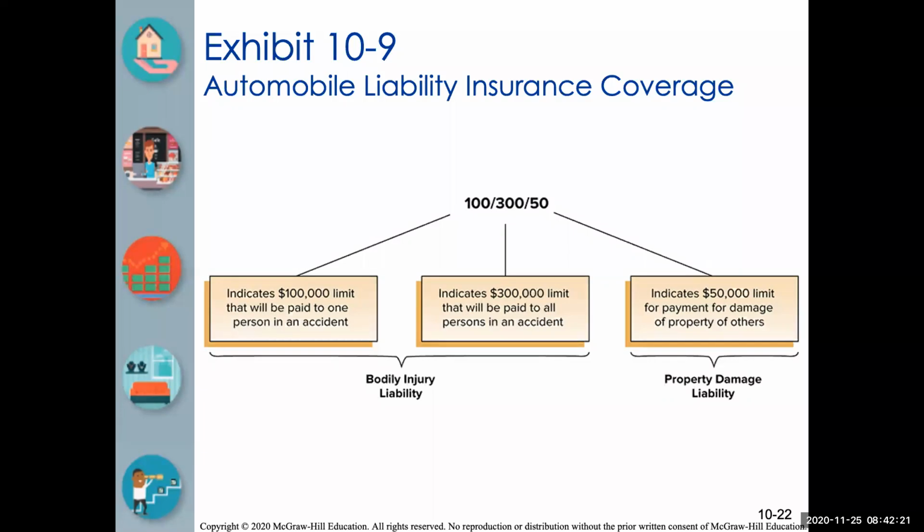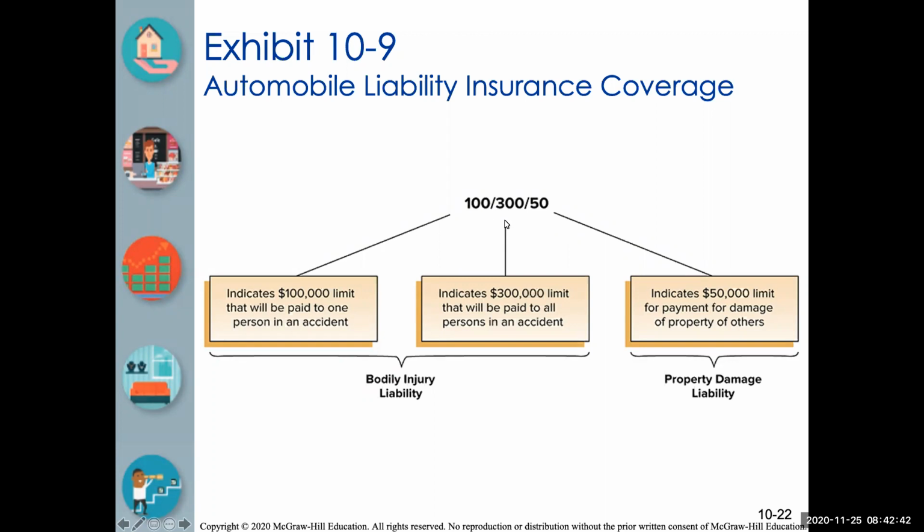Mailboxes, fence posts, the physical property itself, the homes, the vehicle that was involved in the accident. So the physical damage to the property has its own coverage. So we call this a 100, 300, 50 policy.